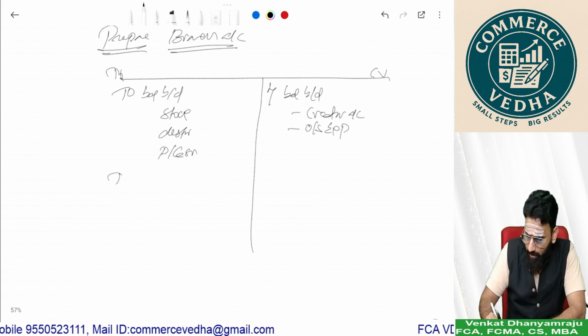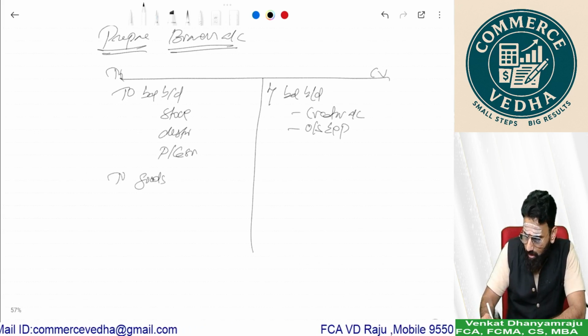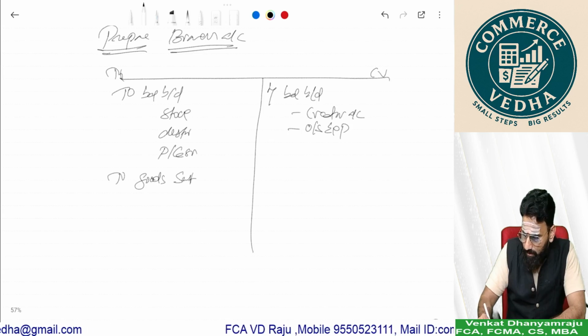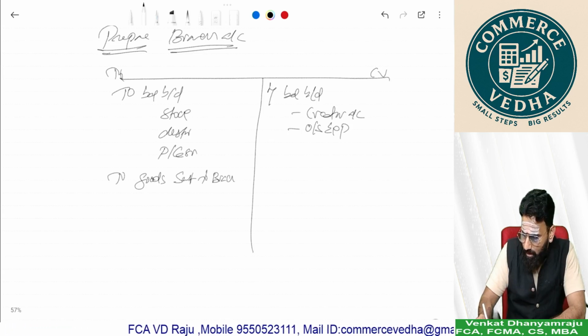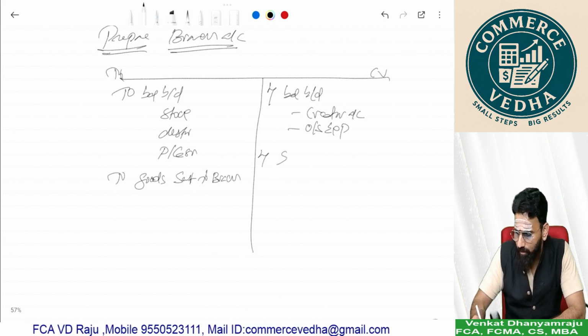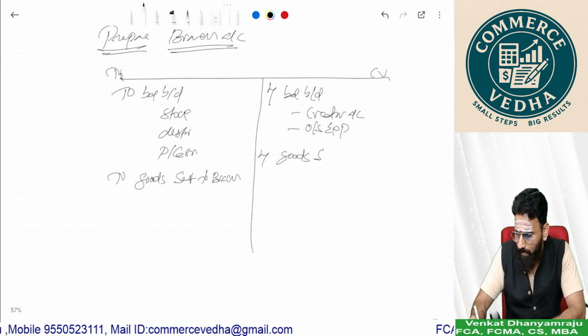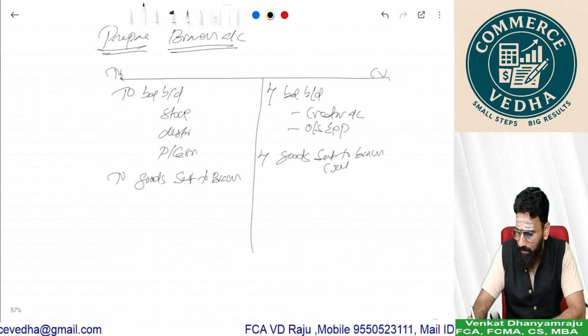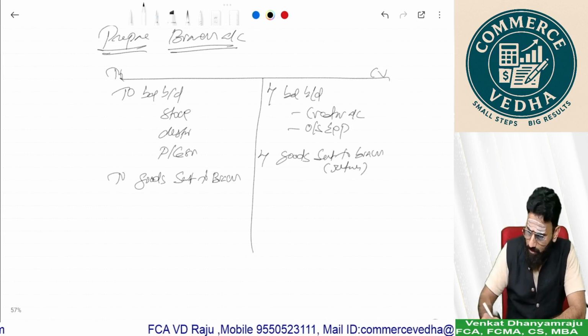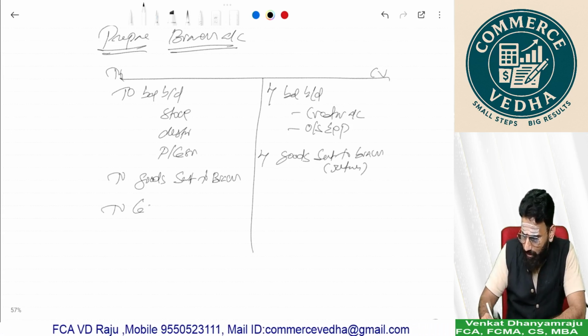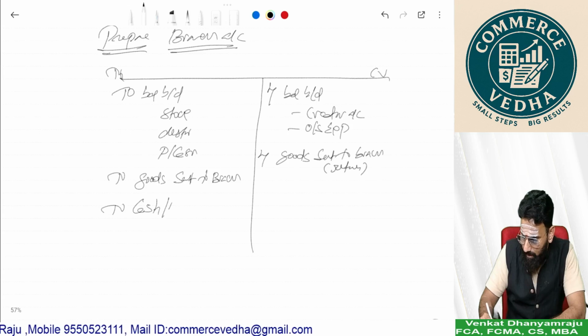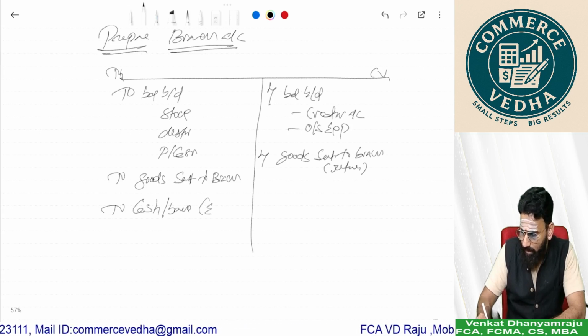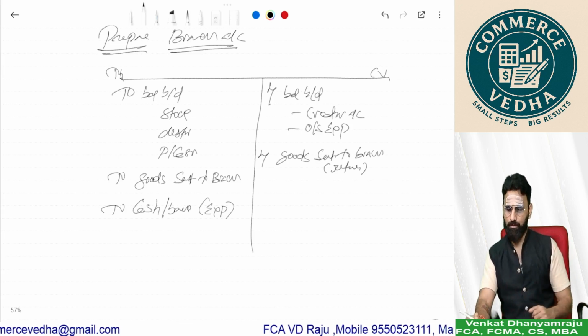Then it will be like: to goods sent to branch, and by goods sent to branch for returns. This is returns. Then to bank, cash or bank. This is for expenses.